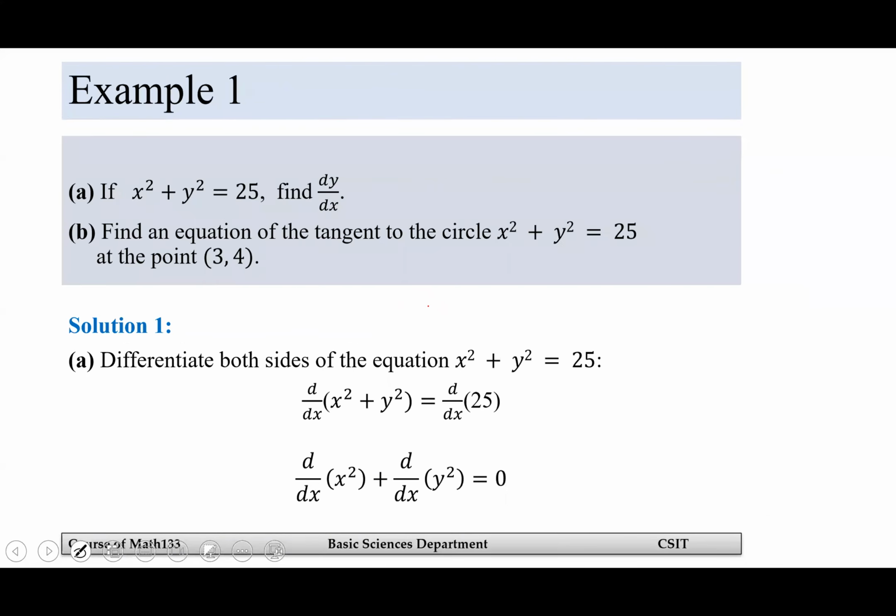So let's take this previous example, x squared plus y squared equal to 25, and we want to find dy over dx, or sometimes we denote this by y prime. Here we have to be careful with the differentiation with respect to x, because y is a function of x, so we will use the chain rule inside when we compute the derivative.